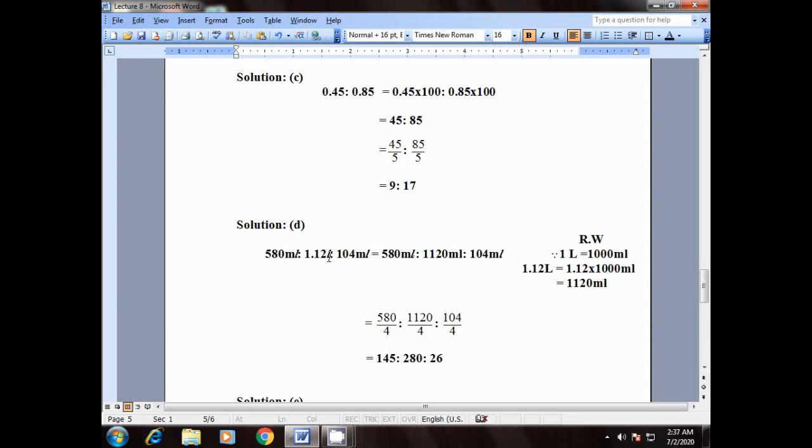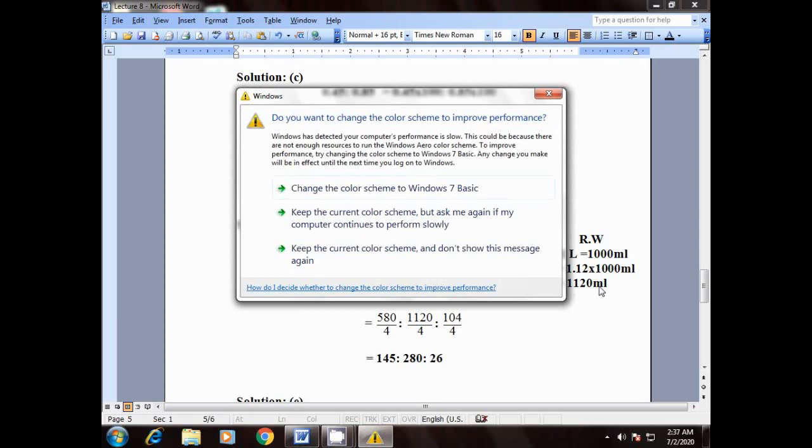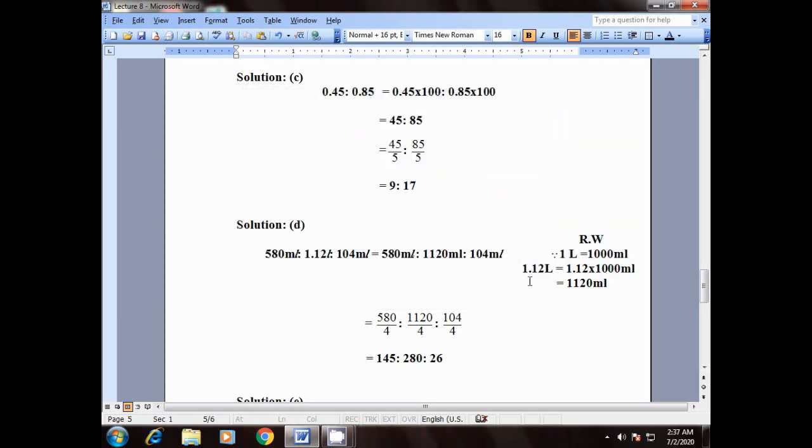We know that 1 liter is equal to 1000 milliliters. Then 1.12 liter will be equal to 1.12 multiplied by 1000 ml. The product is 1120 ml, which means 1.12 liter is equal to 1120 ml.